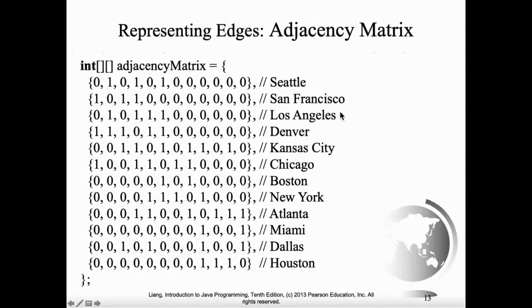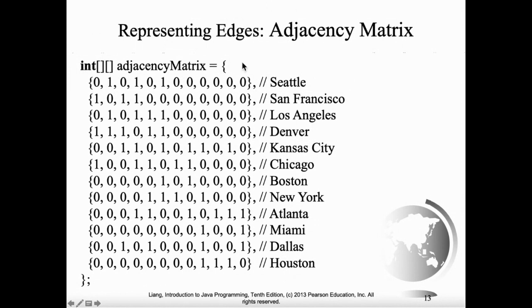This is an adjacency matrix. Of course this is for an unweighted graph, but you can technically add weights to this table as well. It's a two-dimensional table. Every row is going to be one of our cities, and the columns are exactly the same cities, starting from Seattle all the way to Houston.